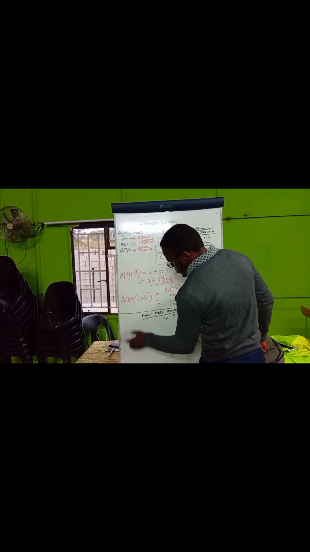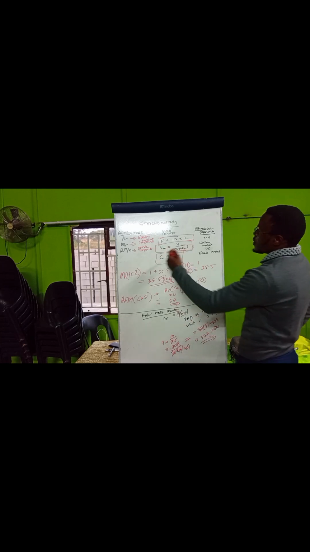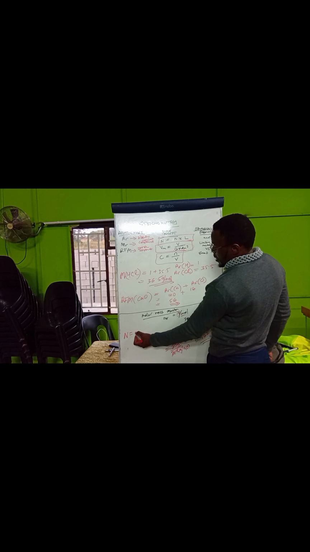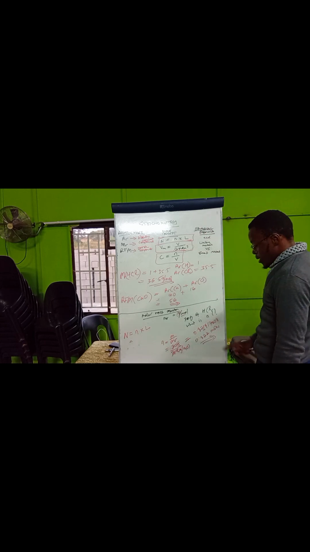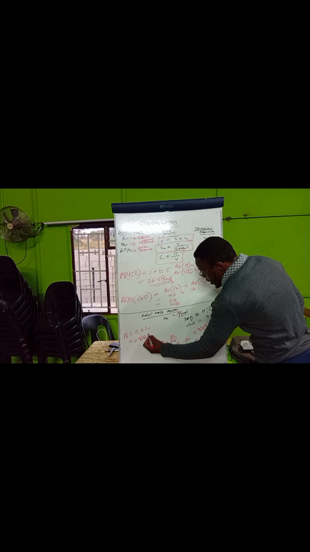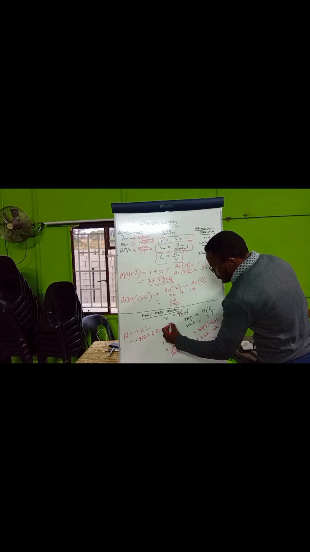This is Avogadro's number equation: capital letter N, the number of particles or number of molecules, is equal to the number of moles, 0.822, multiplied by 6.02 times 10 to the power 23.